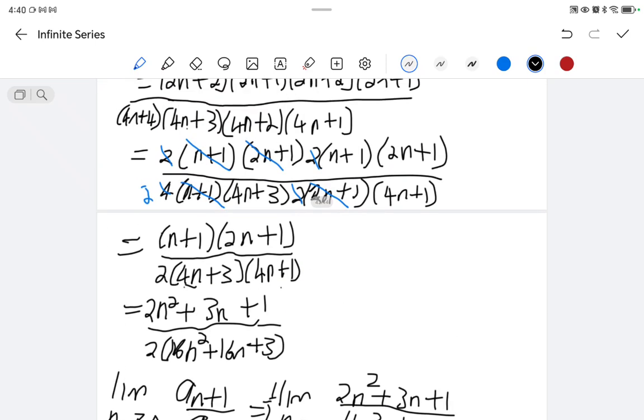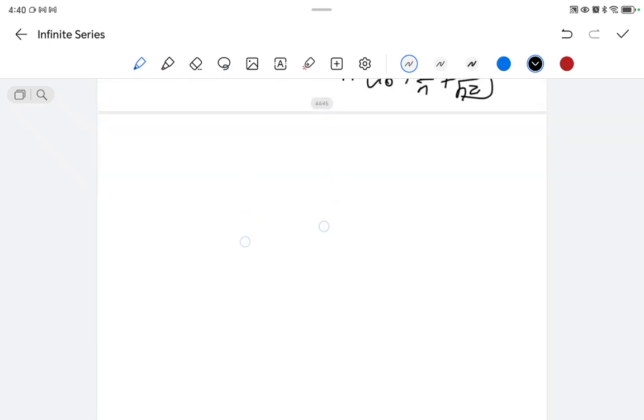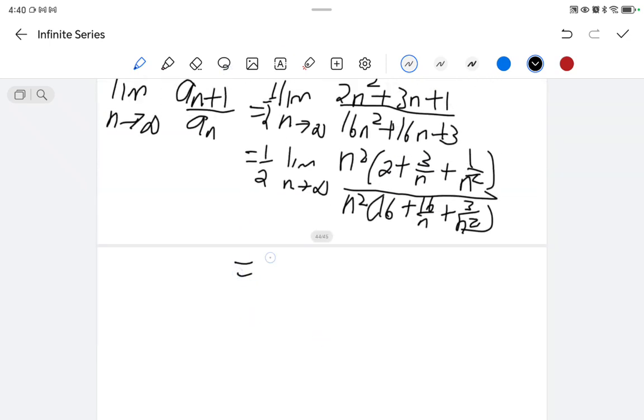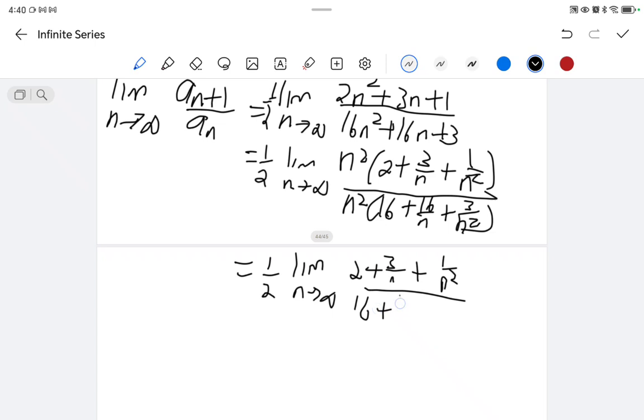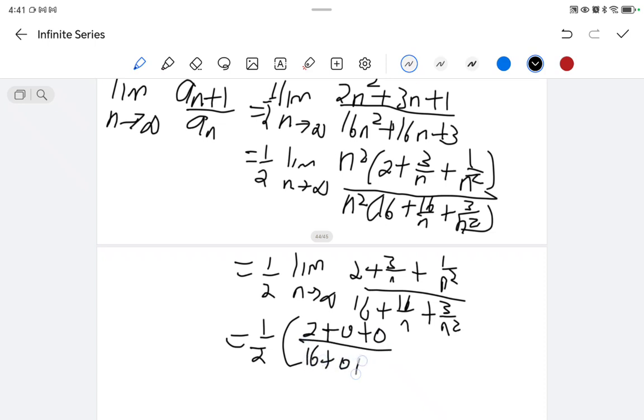Then this would be equal to 1 over 2 times the limit as n approaches infinity of 2 plus 3 over n plus 1 over n squared all over 16 plus 16 over n plus 3 over n squared. And this will be 1 over 2 times 2 plus 0 over 16 plus 0 plus 0.